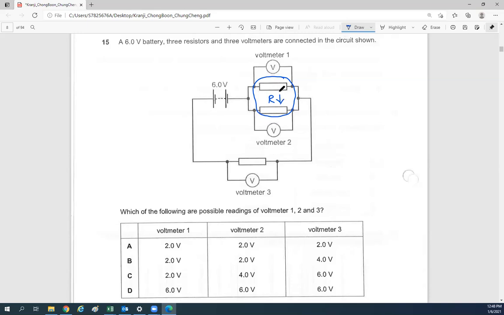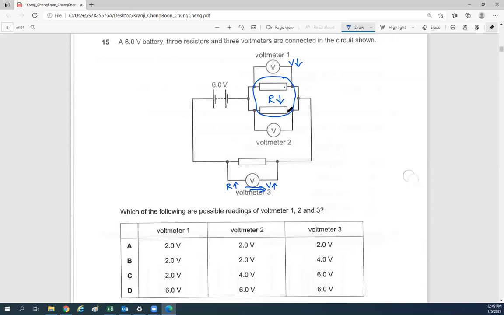So by virtue of that, I know this resistance over here is going to be smaller than this resistance over here. And if this resistance is smaller, the voltage needed here is going to be smaller than the voltage needed here. Higher resistance means voltage across it is greater.